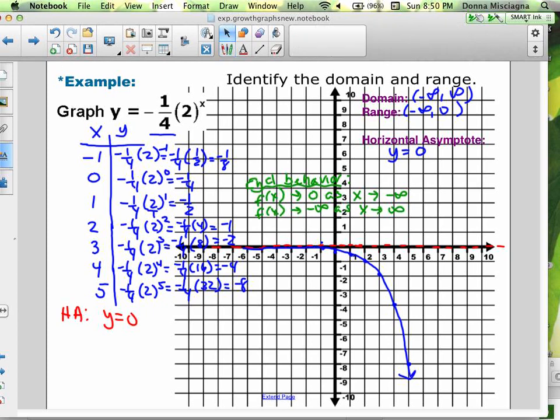Right? For our exponential growth graphs, on one side, either as x approaches positive infinity or as x approaches negative infinity, one of them is going to be going to infinity or negative infinity. Right? It depends. If we're reflected over the x-axis, for one of the two end behaviors, we're going to go to negative infinity. Right? If we're not reflected over the x-axis, then for one of the two, we're going to go to infinity. All right, let's try another one.